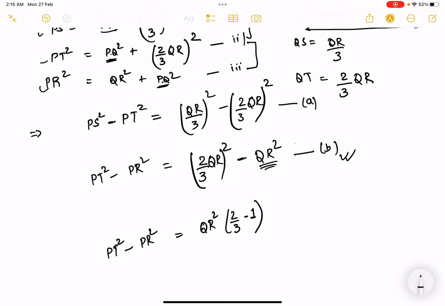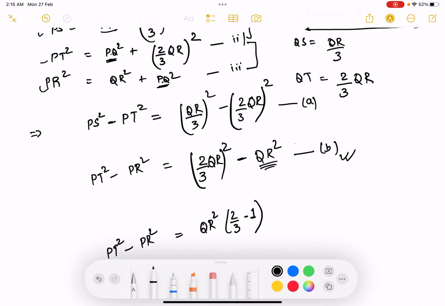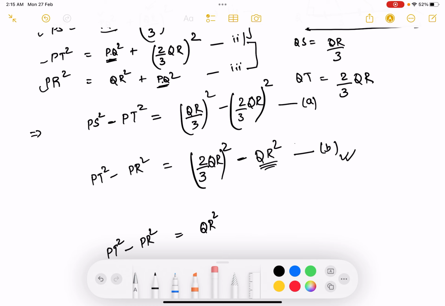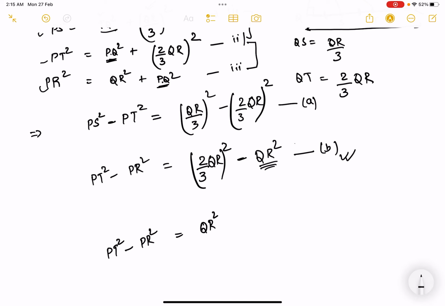Sorry, this is not 2 by 3, this is 2 by 3 whole square, so this is 4 by 9 minus 1.